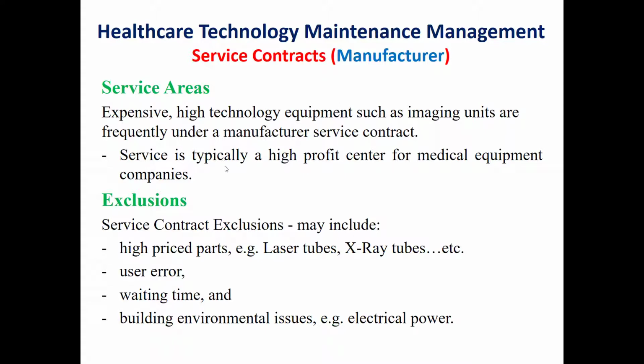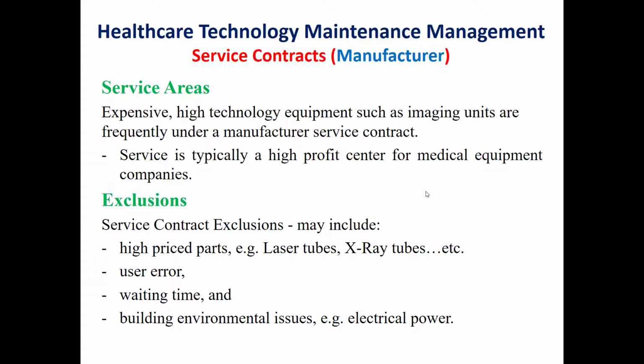Such types of contracts will have exclusions. This may include the high priced parts. For example, in case we have an MRI machine or a CT scanner, usually the X-ray tube will sometimes be excluded from the service agreement, because the cost of such a part will be very expensive.